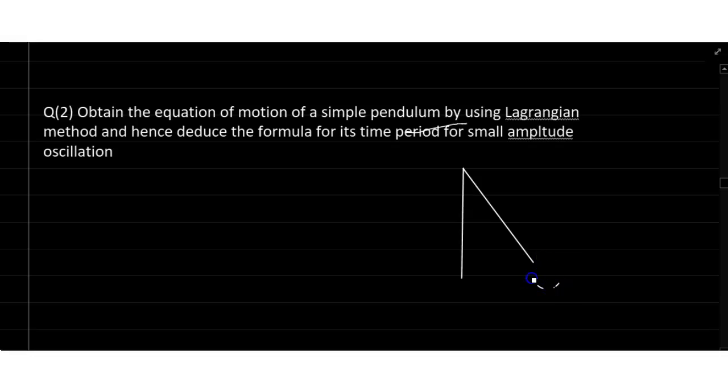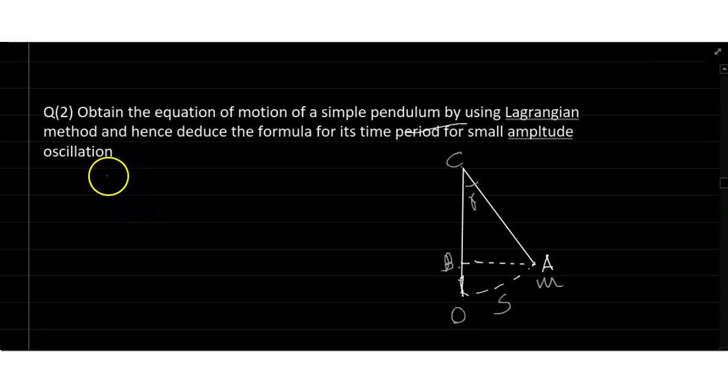This point is A, and it moves to B, and this is O. Let the mass be m, and s is the path of curvature.